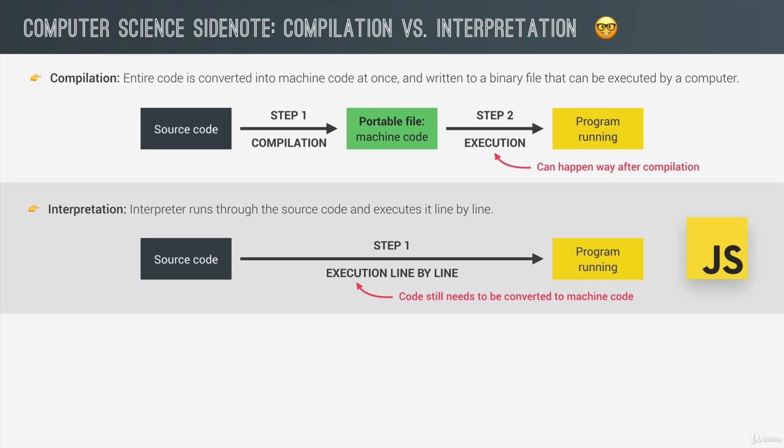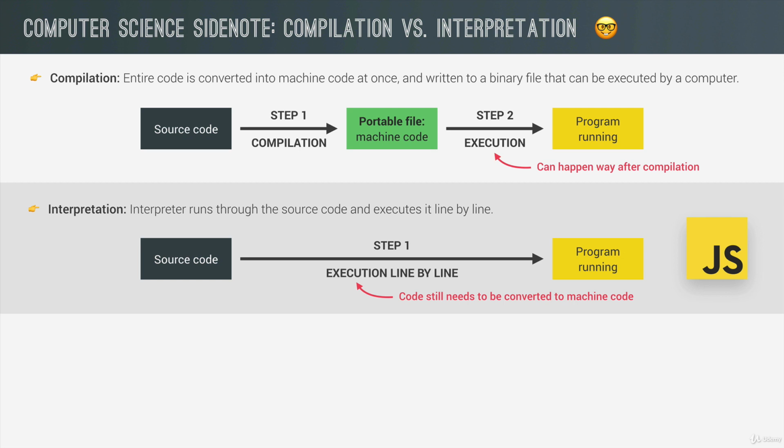Just imagine you were using Google Maps in your browser and you were dragging the map, and each time you dragged, it would take 1 second for it to move. That would be completely unacceptable, right? Now, many people still think that JavaScript is an interpreted language, but that's not really true anymore.